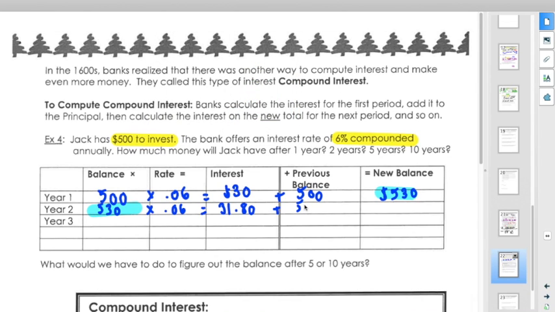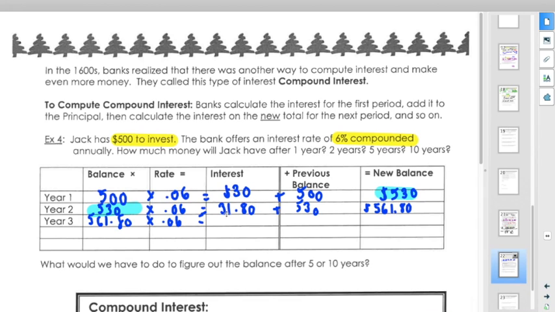So if we're adding to 530 here, 530 plus 31.80, that's going to give you $561.80. And then your balance now over here is going to be 561.80 times 0.06.